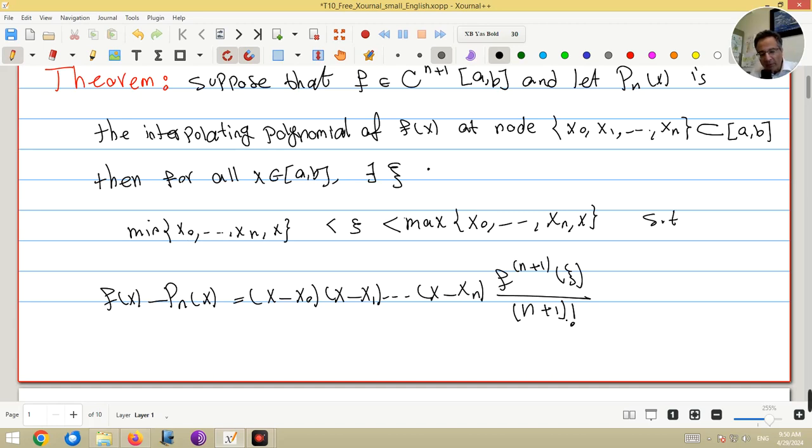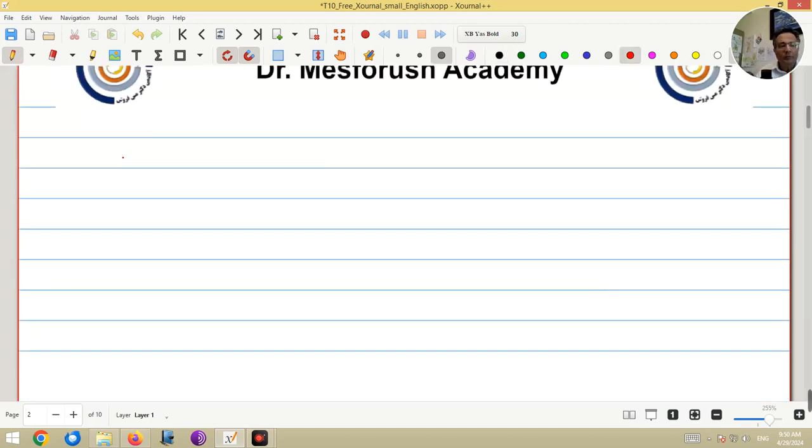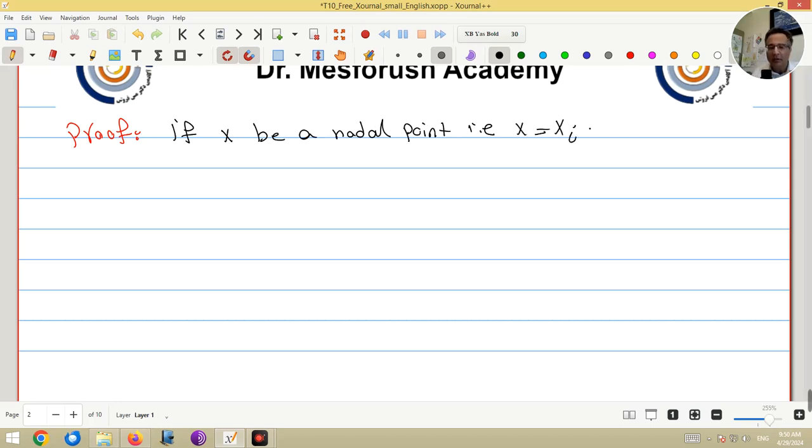Now let me start to prove this theorem. For the proof, first let x be one of the nodal points. If x is a nodal point, it means that x equals xi for i equal to 0, 1, 2, ..., n.